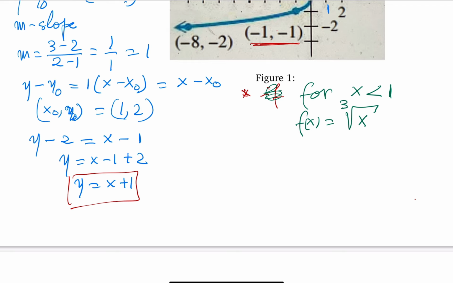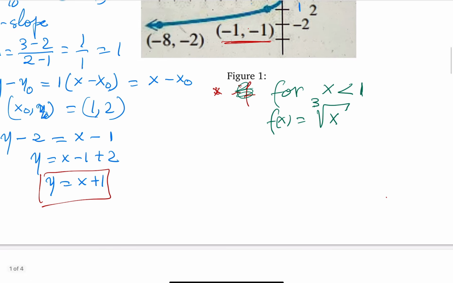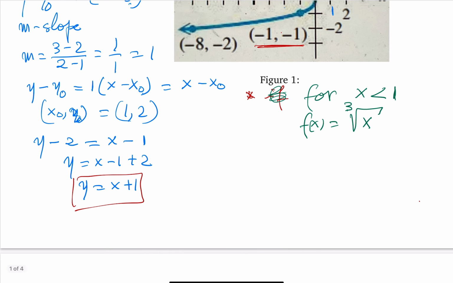That's it. You can verify if you want. The cube root of negative 1 is negative 1. The cube root of negative 8 is negative 2. You can check it if you want.